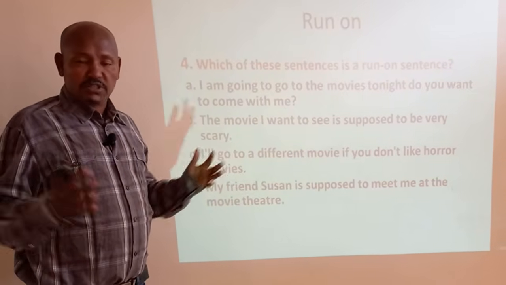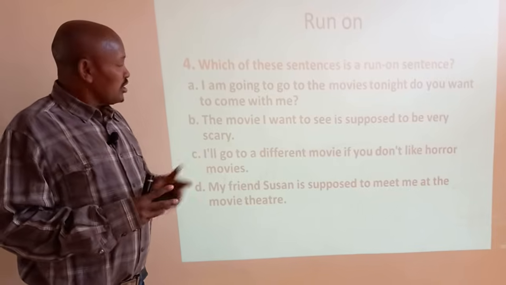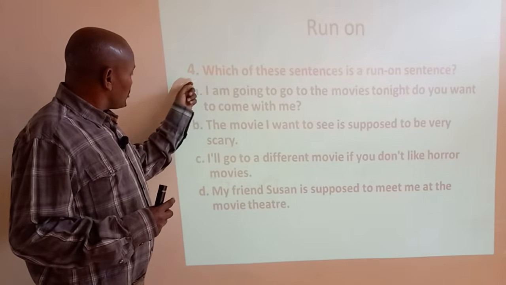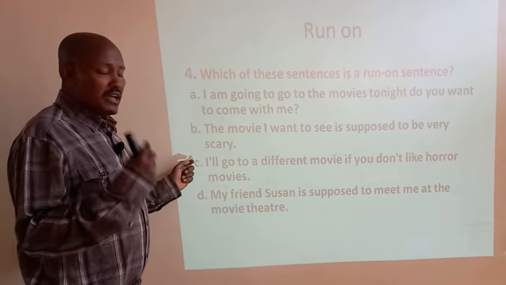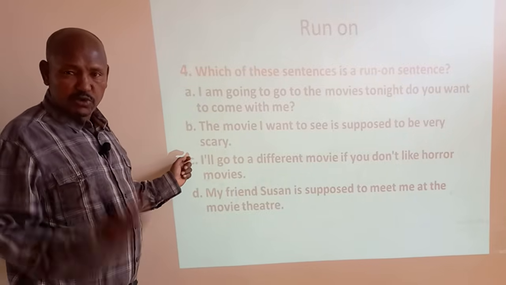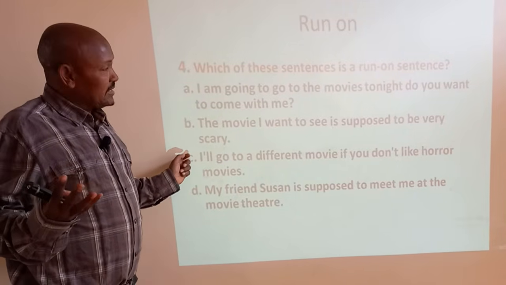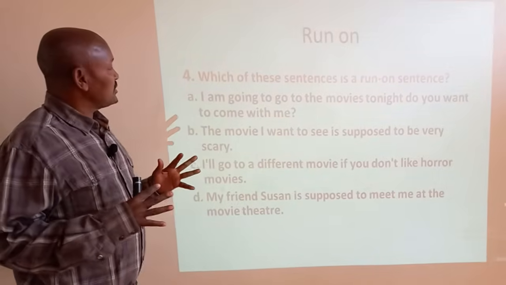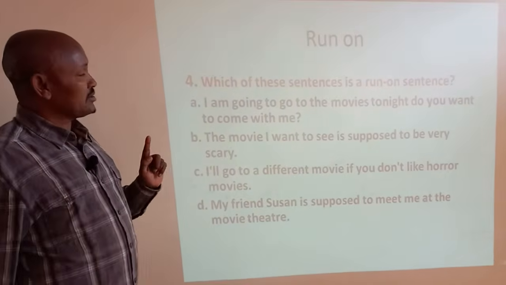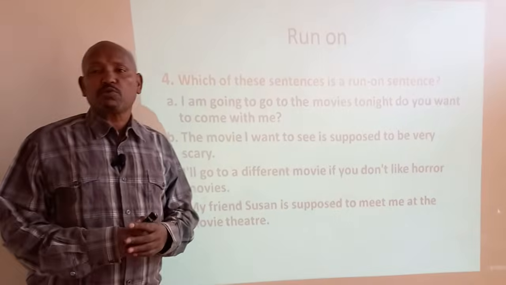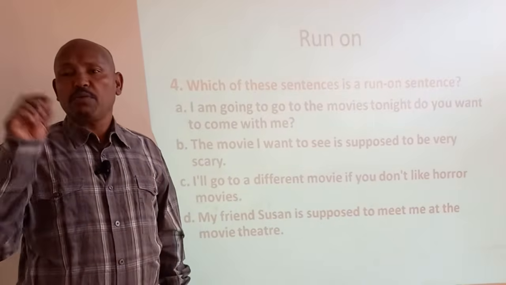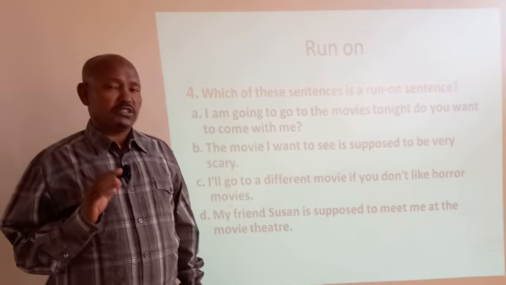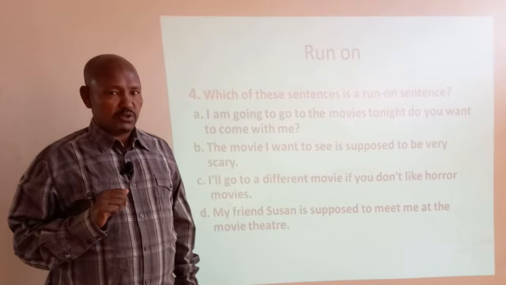So we cannot group these sentences as run-on sentences. Run-on sentence is different from the other ways of writing sentences because it consists of two independent clauses here. So run-on by itself is two independent clauses that cannot be separated with just a comma, so they are called run-on sentences.